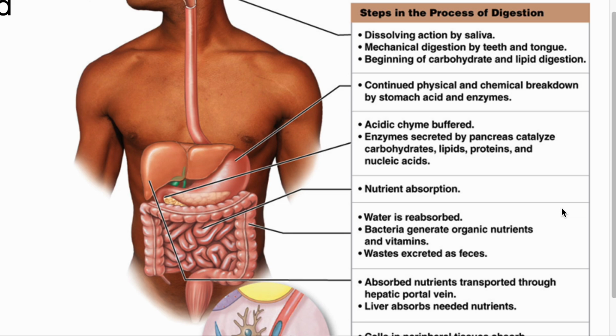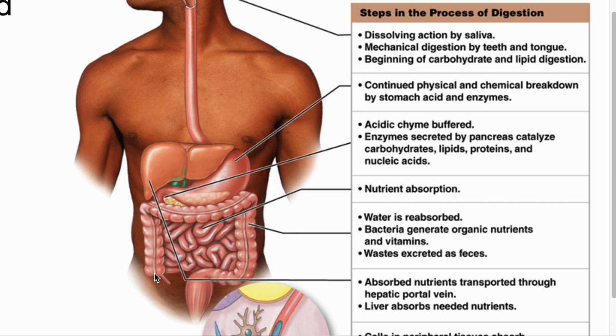By the time we get into the large intestine, remember, the last part of the small intestine is the ileum. It joins the large intestine at the cecum, which is also located in the area where the appendix can typically be found hanging off, which is right over here. In the large intestine, the biggest thing that's happening there is the absorption of water.